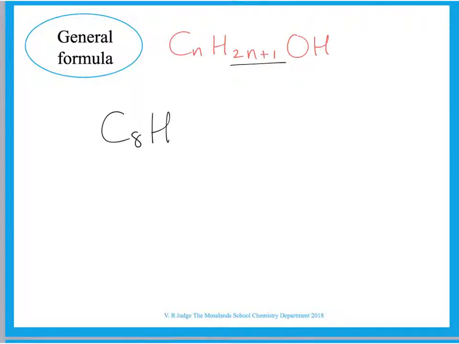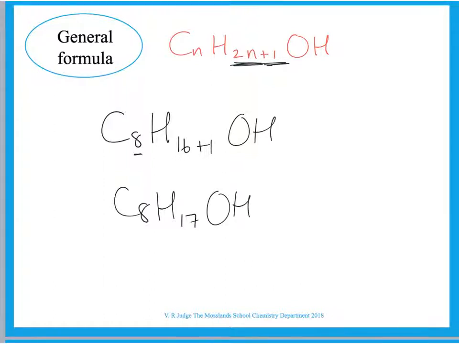So H, 2N, so double N, double 8 gives you 16, plus 1, that's going to take it to 17. OH, so let's write that out again, C8H17OH. And I'm not going to waste your time doing it, but if you were to draw that out with 8 carbons and all the hydrogens and an OH group sticking out, that's how many you would have. So your general formula is quite good for predicting how many hydrogens and other elements you would have based on a certain number of carbons.